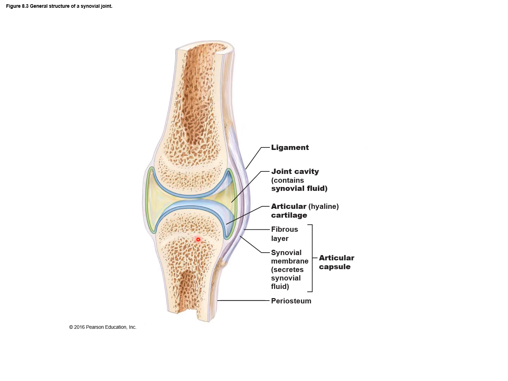All right, so here is your standard structure of a synovial joint. Let's just look at each one. Ligaments, yeah, definitely going to have ligaments. Remember, ligaments connect bone to bone, so we're going to have ligaments outside of the whole situation. The joint cavity is here.